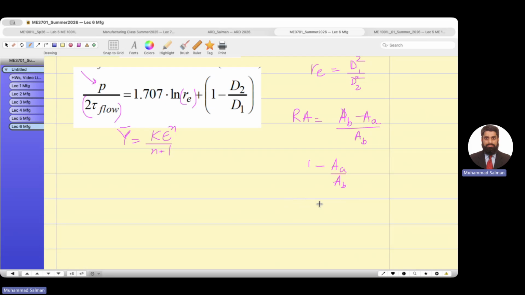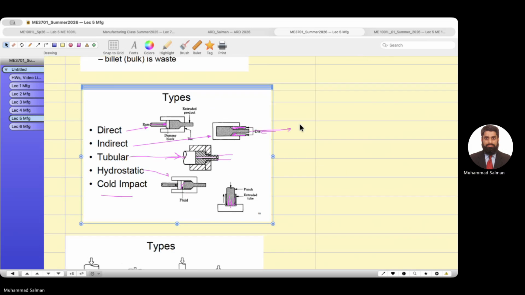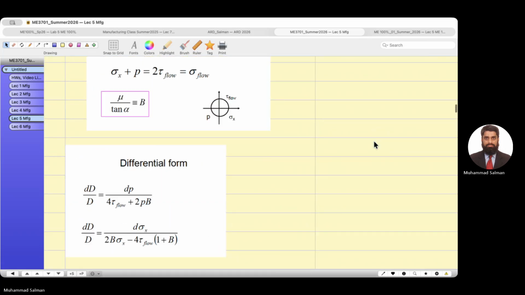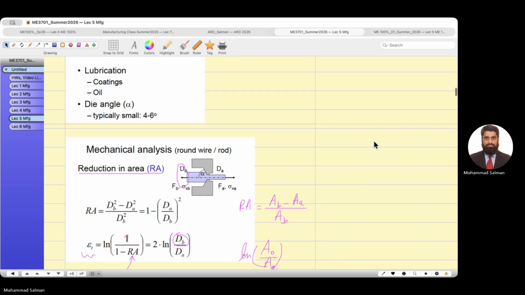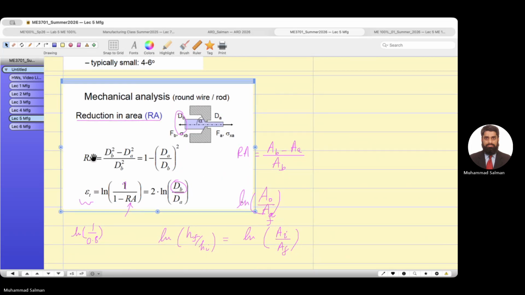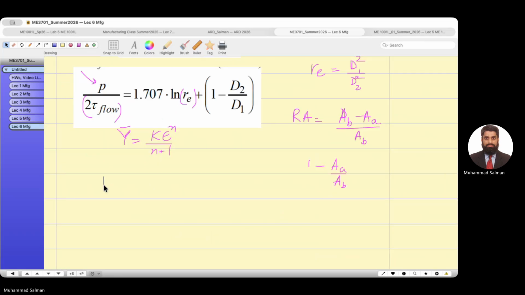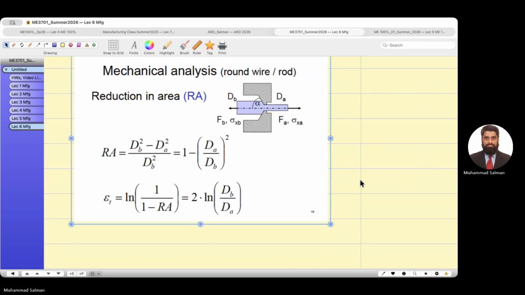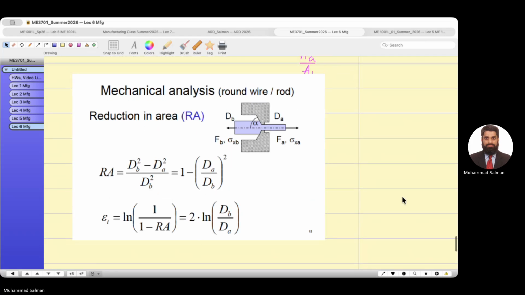And you know that, so from here, I want to show you this drawing process. This is for the drawing process.